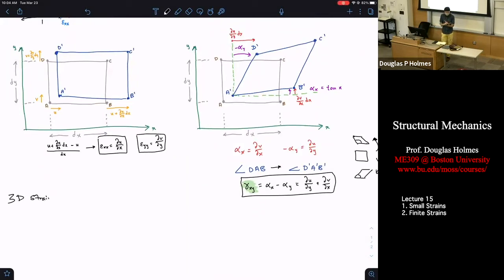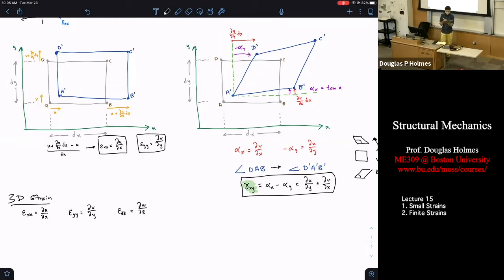Now that you've seen how this derivation works in 2D, I don't think it's going to come as a surprise that the strain in the x direction is the relative displacement in the x direction relative to a change in x, the strain in the y direction is the relative displacement in the y direction with respect to a change in y, and the strain in the z direction is going to be the relative displacement in the z direction relative to a change in z.